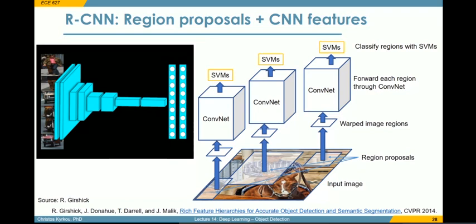It's important to note here that all these arrows that correspond to the different processes happen after we have trained the convolutional neural network. So they happen post hoc, as we say.